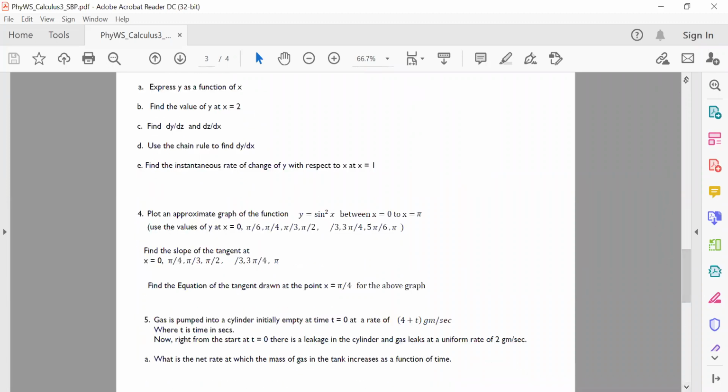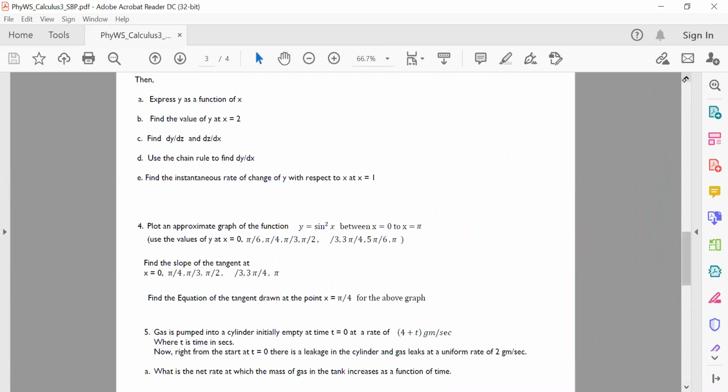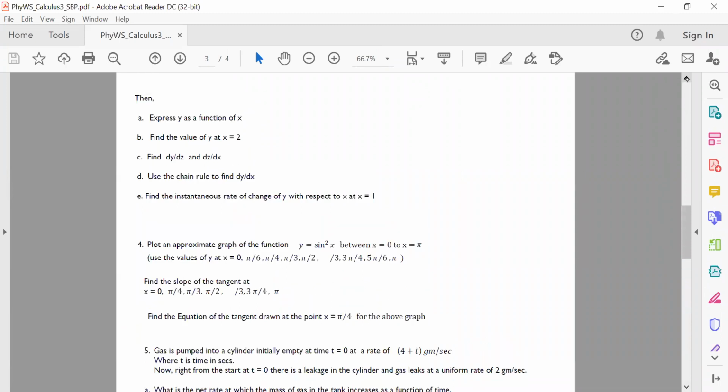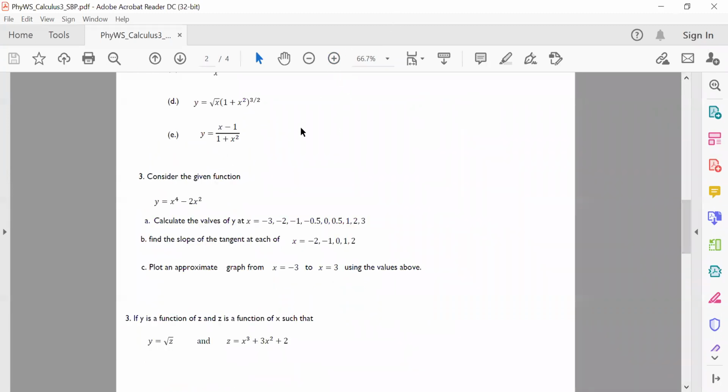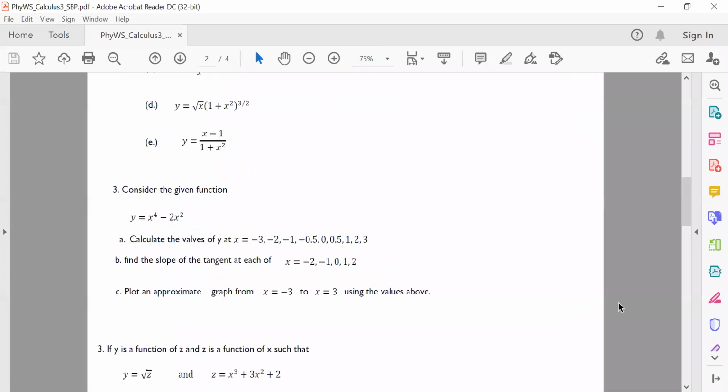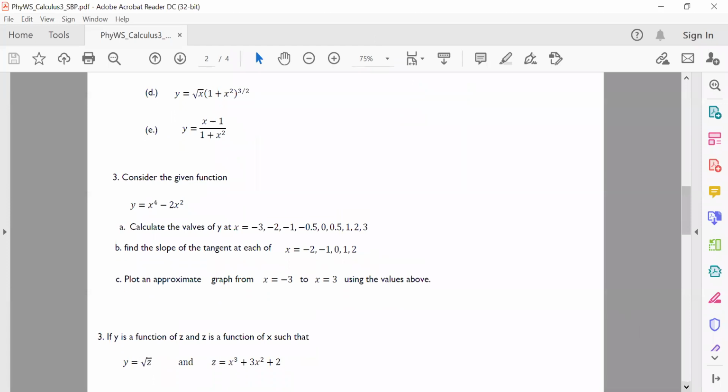The second one is more or less a straightforward question. What is given to us is that y is square root of z and z is this. So the relationship between y and x is given indirectly. We actually break it up into a composite function, so here it is given in broken up form only.